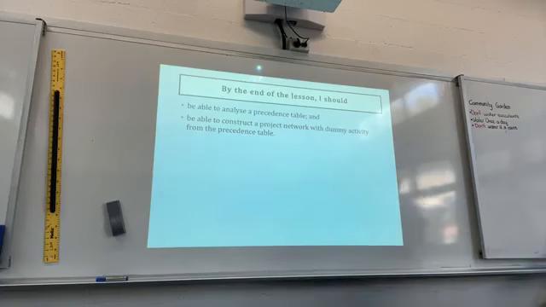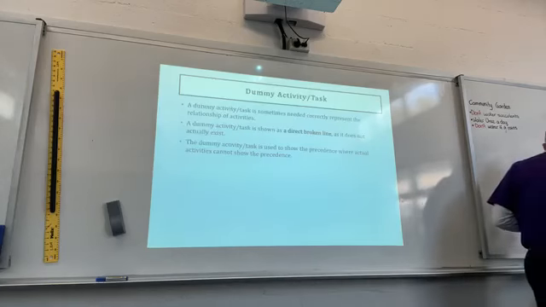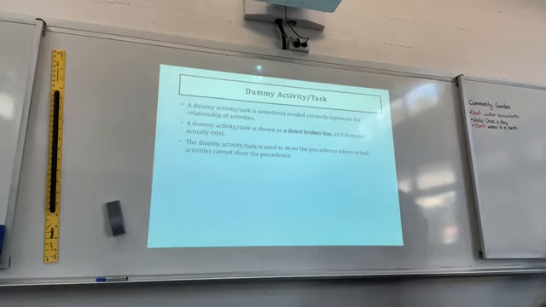Now, before I start the lesson, I want to define a few things for you. A dummy activity or task is sometimes needed to correctly represent the relationship of activities. A dummy activity or task is shown as a direct broken line. All right?